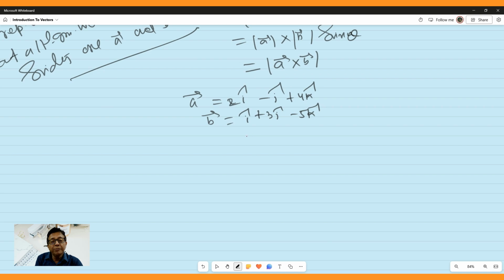So what is the area of this parallelogram whose adjacent sides are given there?